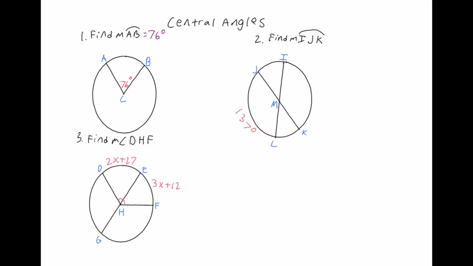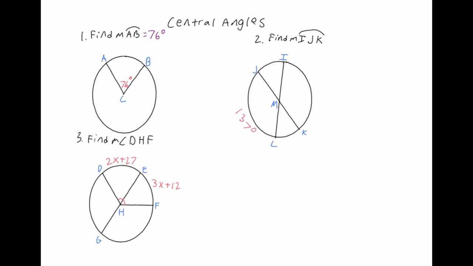So in number two, I want you to find the measure of arc IJK. Remember, that's a major arc, so it goes I, J, and then all the way around to K. The one measurement we do have is this arc, JL, is 137 degrees. However, if you'll notice, this line goes through the center.